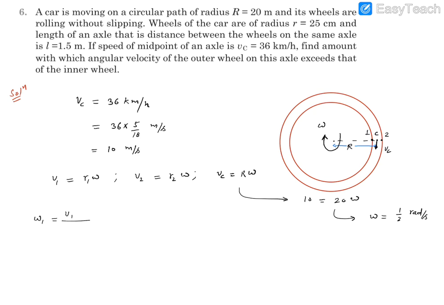R1 and R2 are different. Now when we are talking about the wheel rotation, the wheel's angular velocity is going to be the velocity of the center of that wheel, or the center where the axle is connected, divided by the radius of that wheel. Now we know the radius of the wheel. It's 25 centimeter. So we can say this is small r.